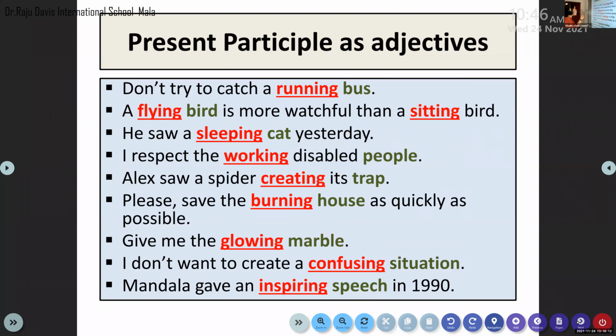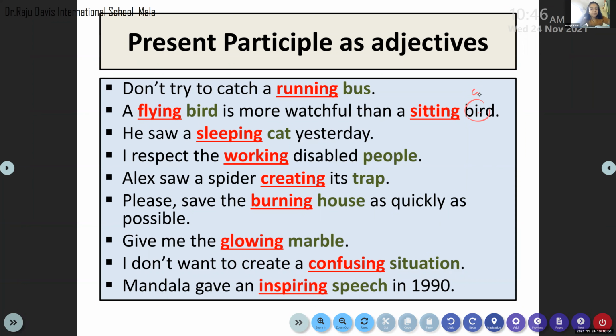I have a few examples of present participle used in the form of an adjective. Look at all the green lettered words. See here, I forgot to give a color for this word; this should also be in green. All the green lettered words are nouns. These are names. Agree or disagree? Agree, because bus is a name, bird is a name, cat is a name, people is a name, trap is a noun, and house is a noun, marble is a noun, situation is a noun, and speech is also another noun, isn't it?